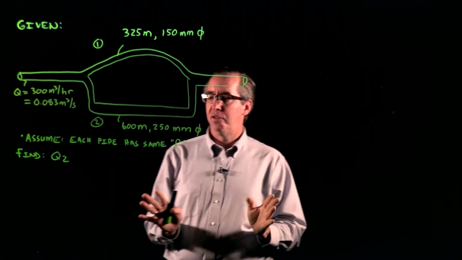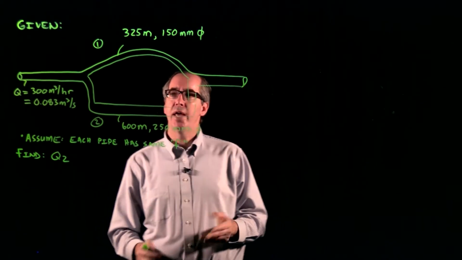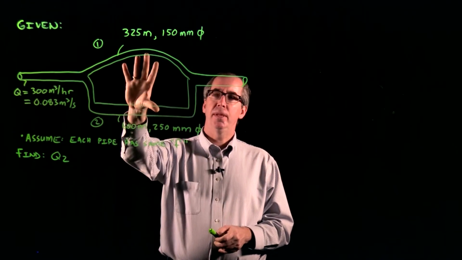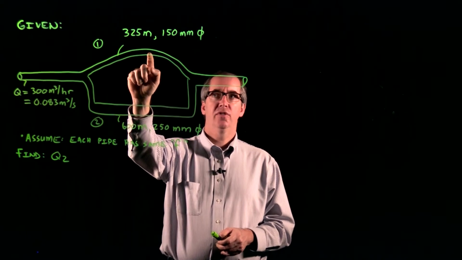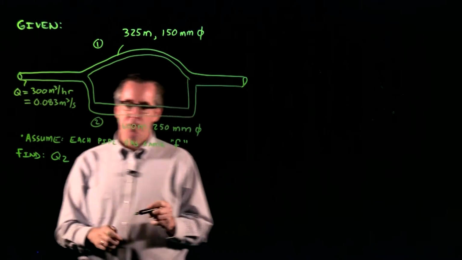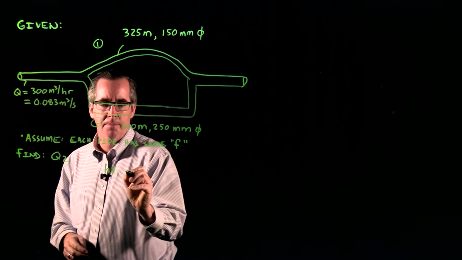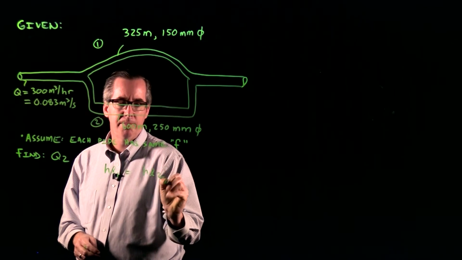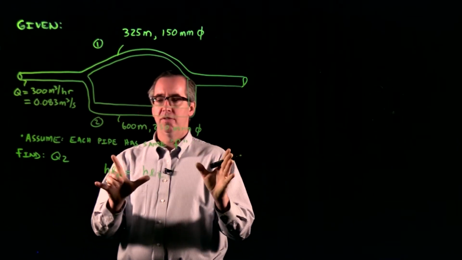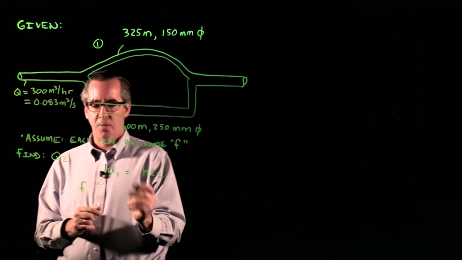Essentially we have two tools in our toolbox for solving this problem. The first thing we know is that if we have flow in a parallel pipeline, the flow is going to split such that the head losses from friction in one pipe are going to equal the head losses in the other pipe. So I'm going to start with that: the head loss in pipe 1 is equal to the head loss in pipe 2. In this problem, we're not looking at minor losses, just friction, so we're going to use the Darcy-Weisbach equation.